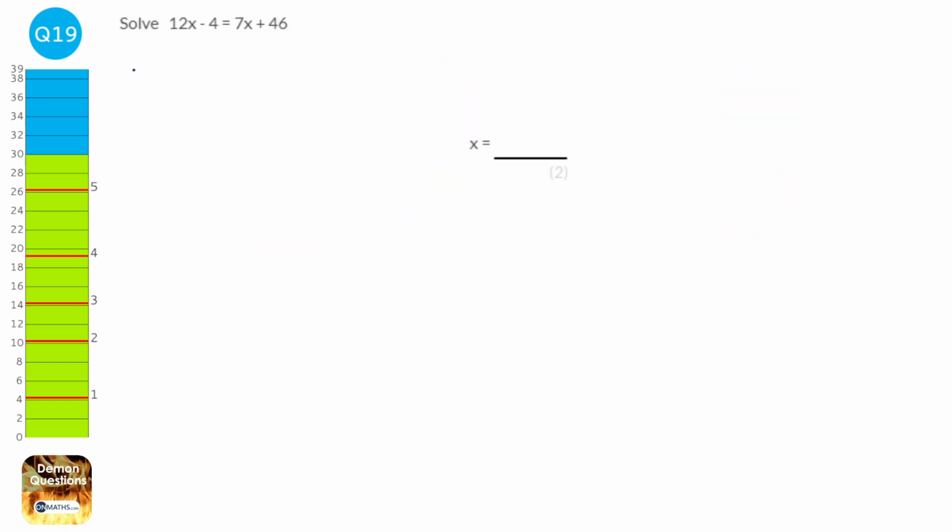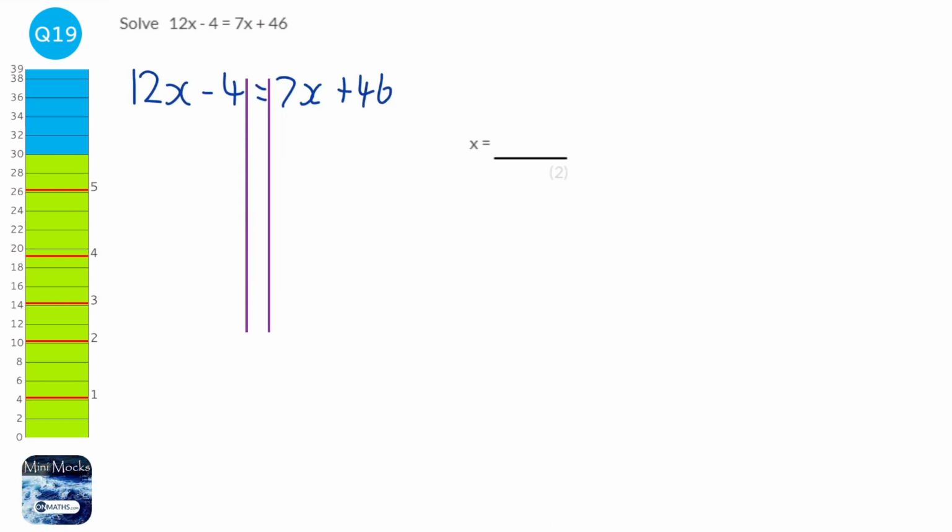So I'm going to write out the equation again just to give us a bit more space. And the rule we have here is if we have an x on both sides, which we do in here, we pick the smallest one to get rid of. So we've got a 12x and a 7x. And so the smaller x would be the 7x.